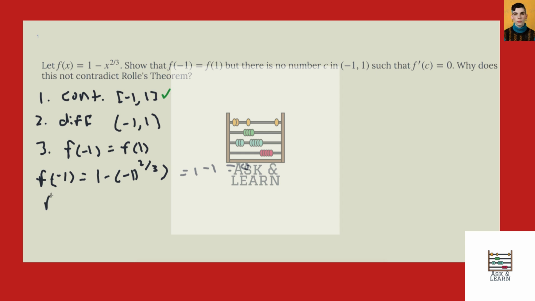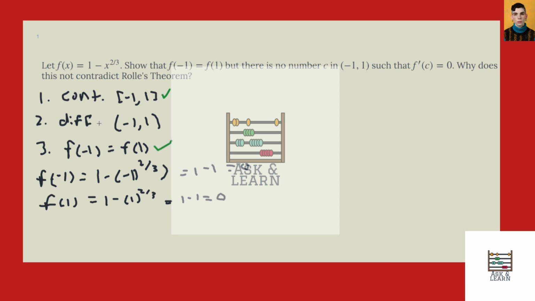And then f of 1 will be the same thing. 1 to the 2/3, which will be 1 minus 1, which is also equal to 0. So now we know that this last condition is satisfied.